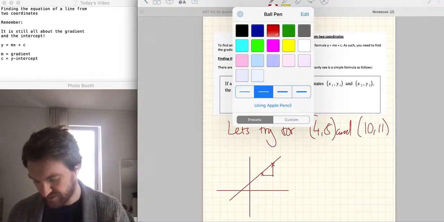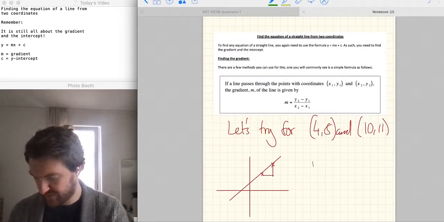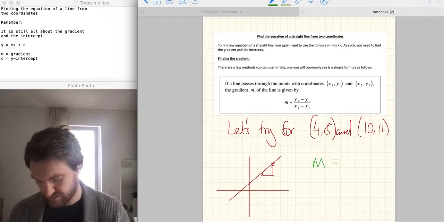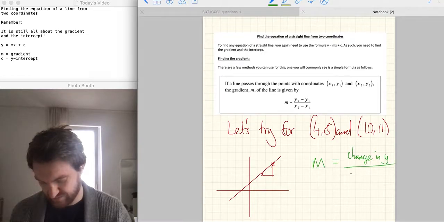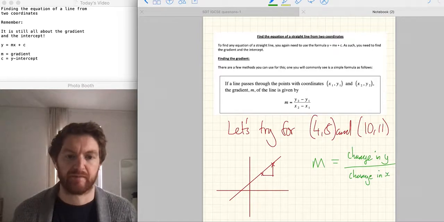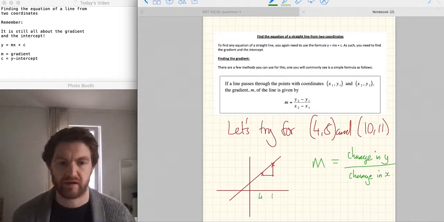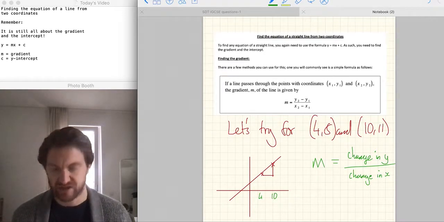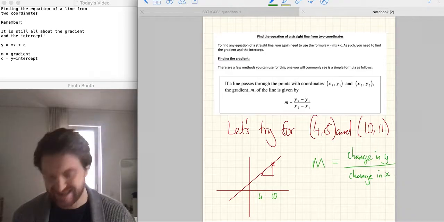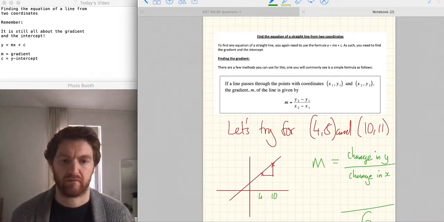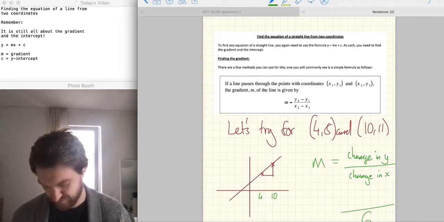So we know that the gradient, which is m, is equal to how much it's gone up and down, the rise, divided by how much it's gone to the right, the step. When we look at these two points, you've started at 4 and gone to 10, so the change on the x-axis is 6.